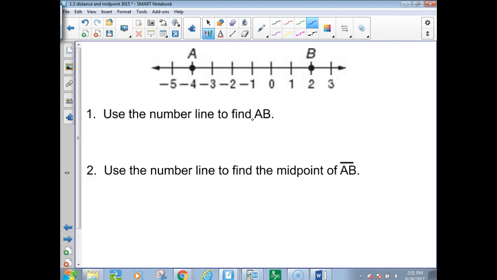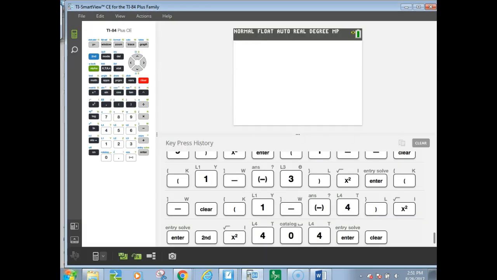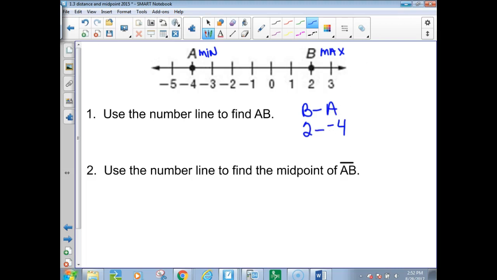If I want to use this number line to find the distance from A to B, B would be the maximum point, and A would be the minimum because it's on the left. So I'm going to do B minus A. If I substitute in 2 for B, minus, don't forget it's subtract always, put in -4 for A. I want to make sure everyone knows where the negative key is on their calculators. So I'm going to type 2 minus -4.